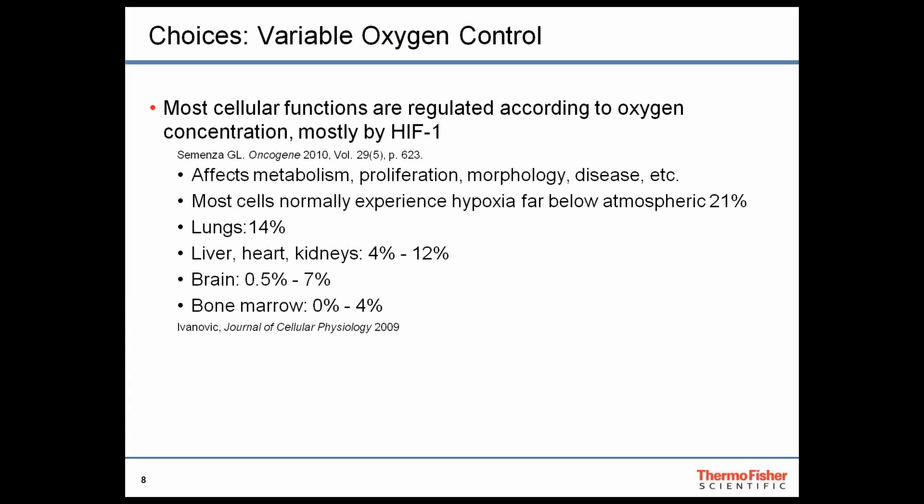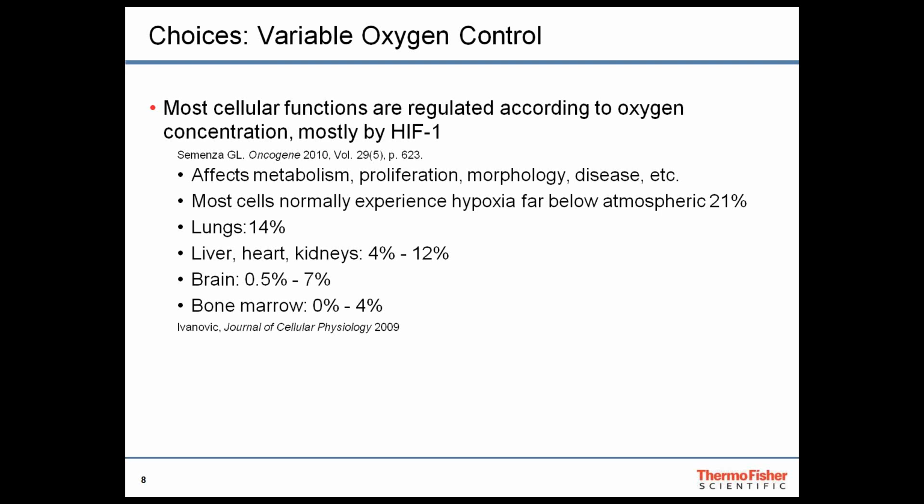And now I'm going to spend just a few minutes talking about an aspect of cell culture that is really fascinating and exciting to me, and Deepak touched on this as well, and that relates to the incubator in terms of variable oxygen control. Now, most cellular functions are regulated according to oxygen concentration, mostly by hypoxia-inducible factor 1.